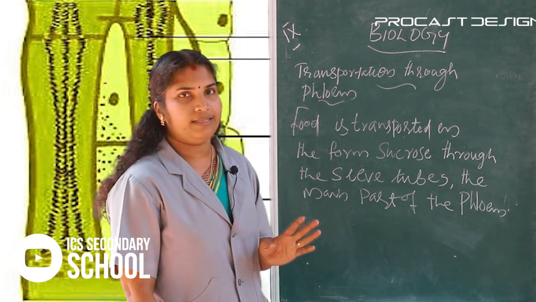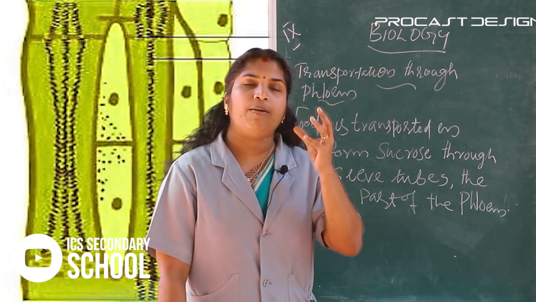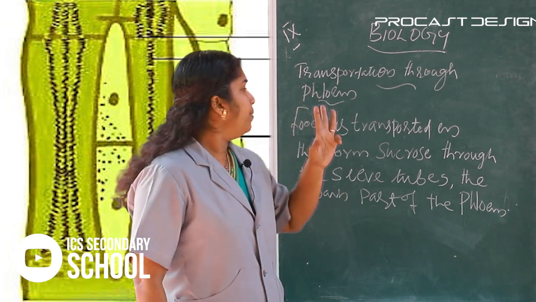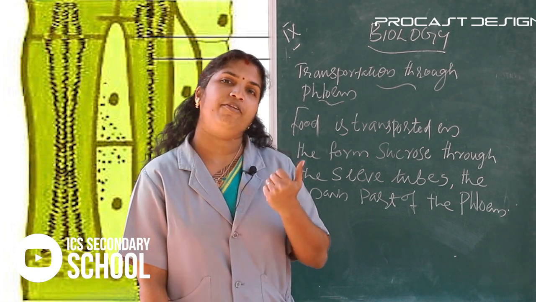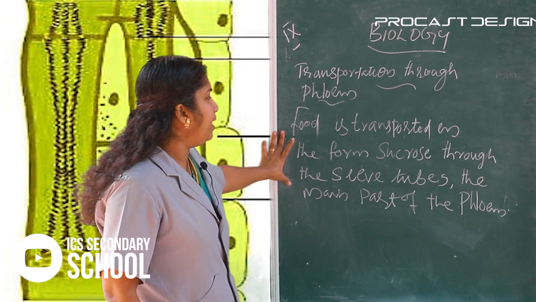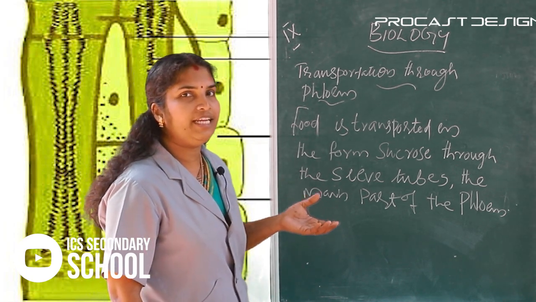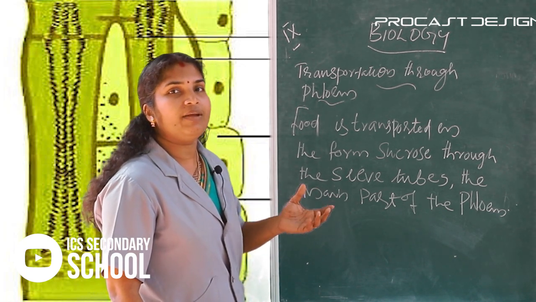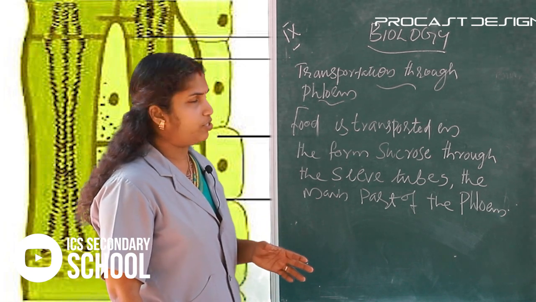First point: transportation through the phloem. Phloem is composed of four cells: sieve tubes, companion cells, phloem fiber and phloem parenchyma. The sieve tube is an important cell present in the phloem that helps in the conduction of food materials synthesized in the leaf to each and every part of the plant body for biological functions.